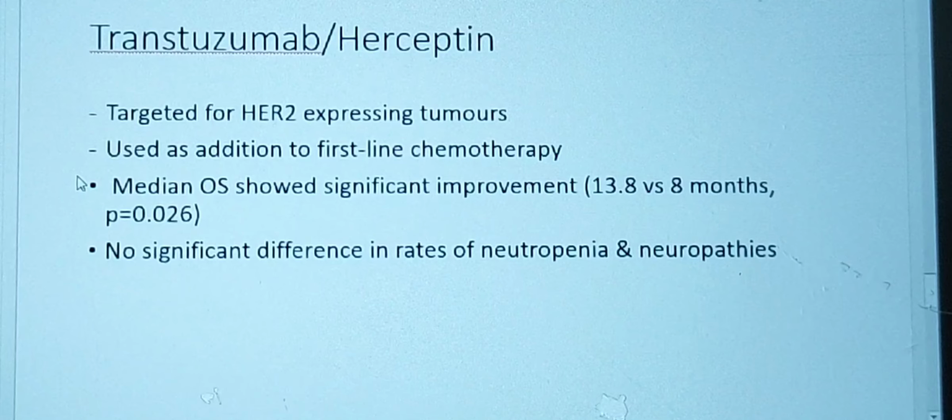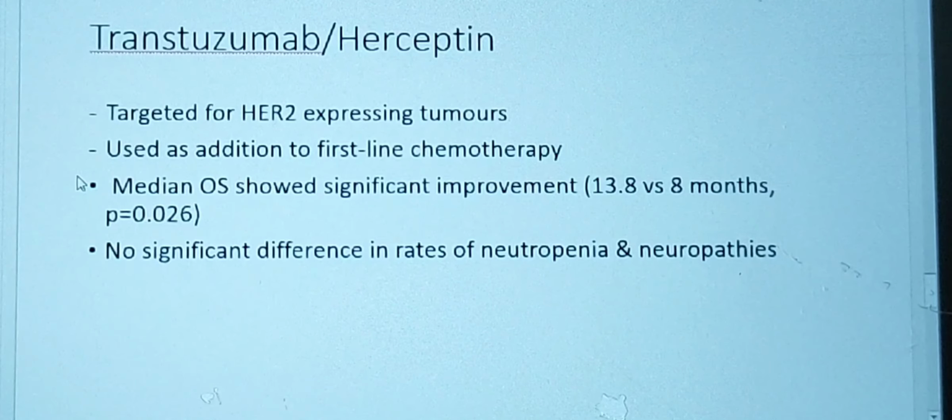We use Herceptin for gastric CAs in the private setting. Trastuzumab targets the HER2 receptors, and HER2 is an important receptor for protein synthesis. They recommended trastuzumab as an addition to first-line chemotherapy.